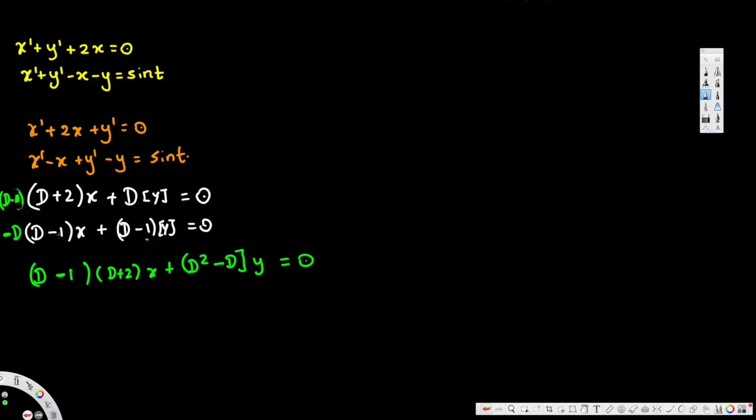And for the second equation I multiply everything by negative D, so this is going to become negative D squared plus D times x plus negative D squared plus D times y is equal to 0.